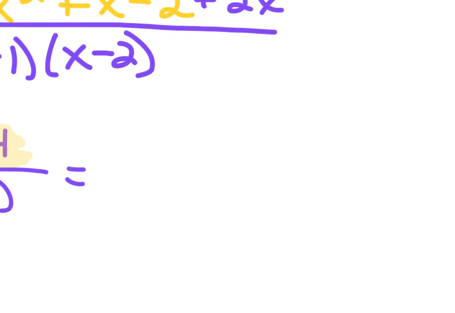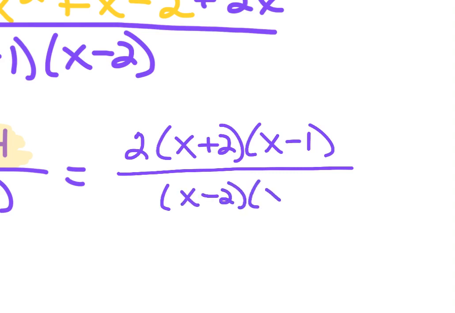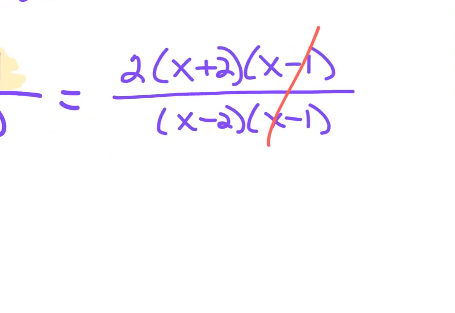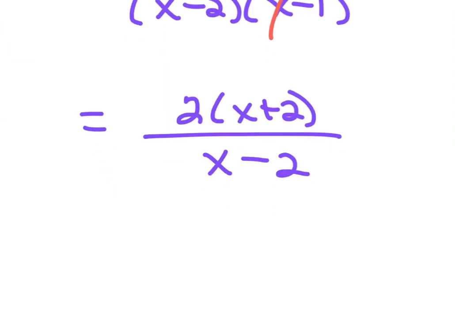So what you end up with is in the numerator 2 times x plus 2 times x minus 1 all over my common denominator, which is x minus 2 times x minus 1. Oh, and look, hey, I've got stuff that cancels, and so my final answer for this problem is 2 times x plus 2 in the numerator and x minus 2 in the denominator.